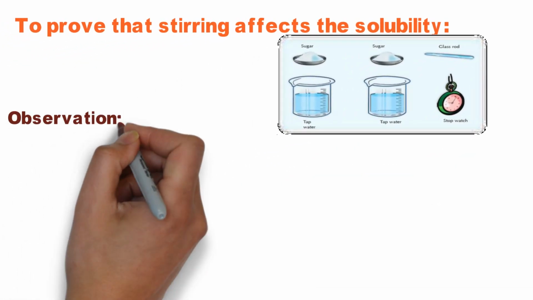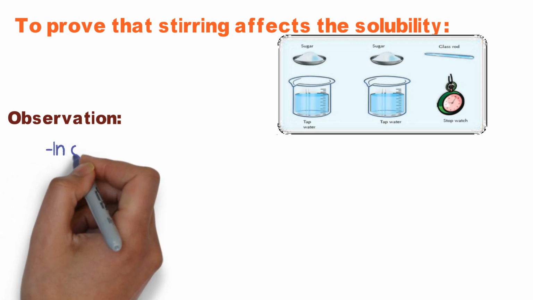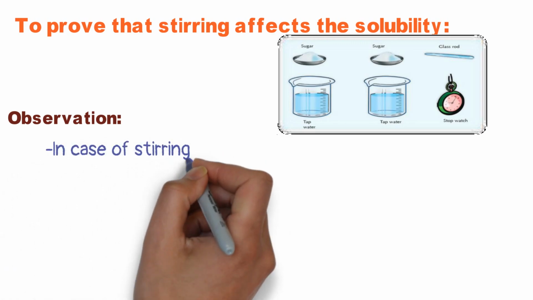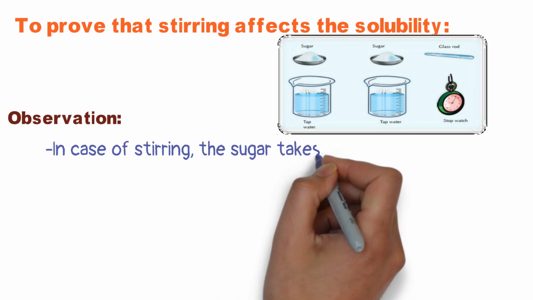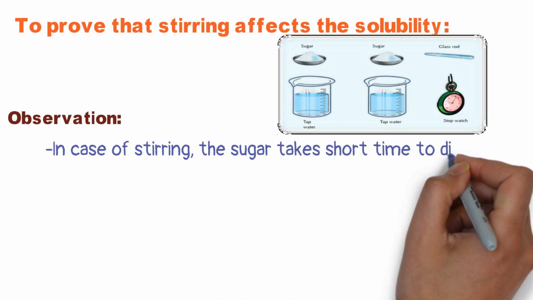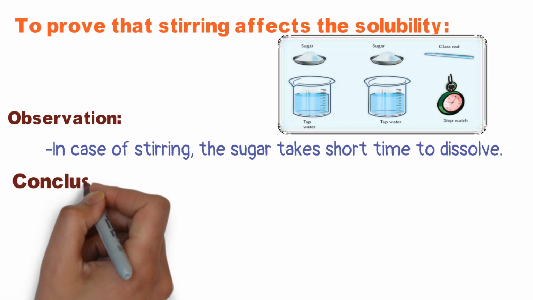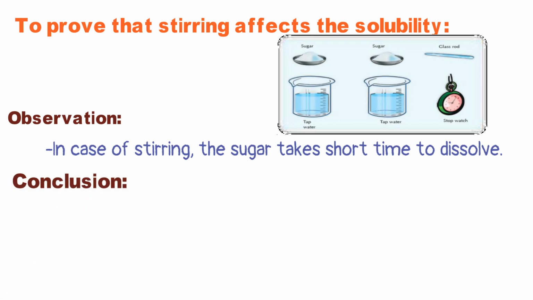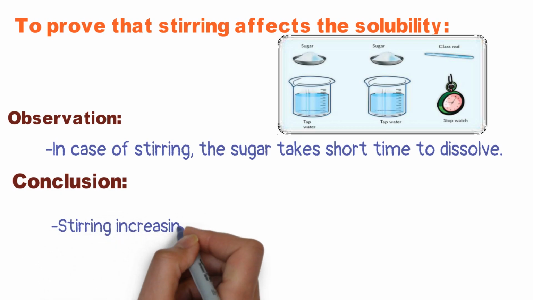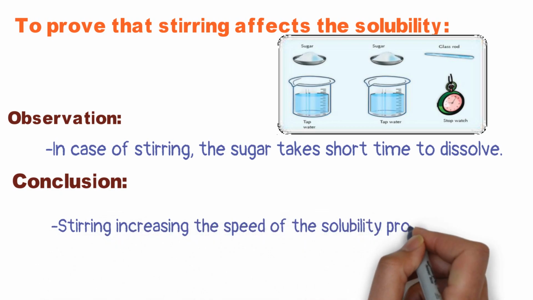The sugar in the beaker that we stir dissolves faster than in the second beaker. Why? What do we conclude from this? We conclude from this that stirring increases the solubility process.